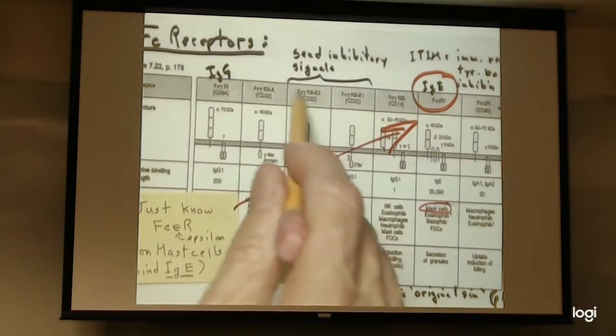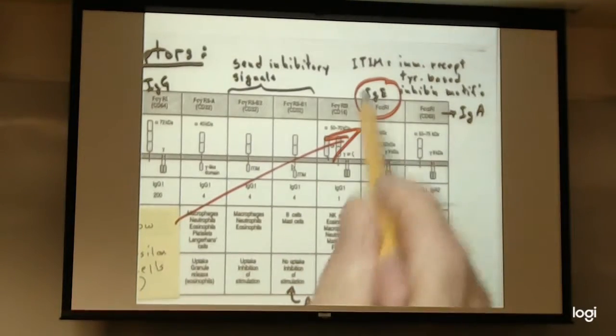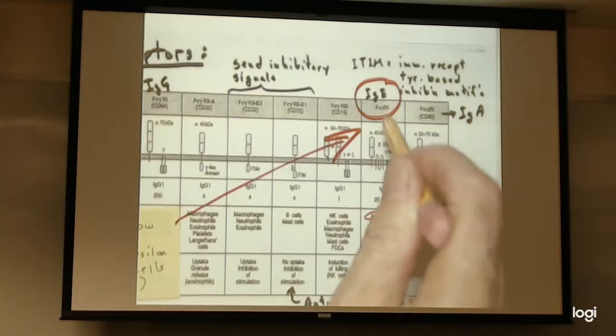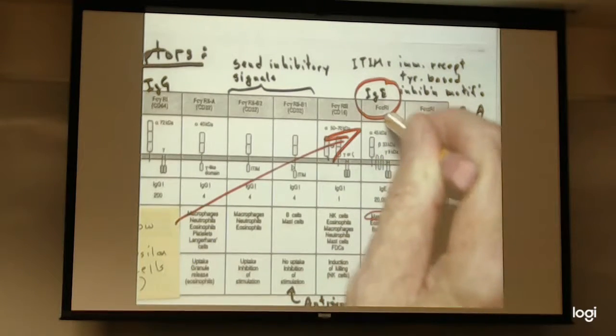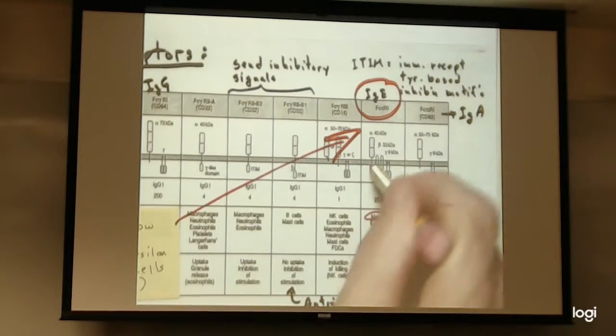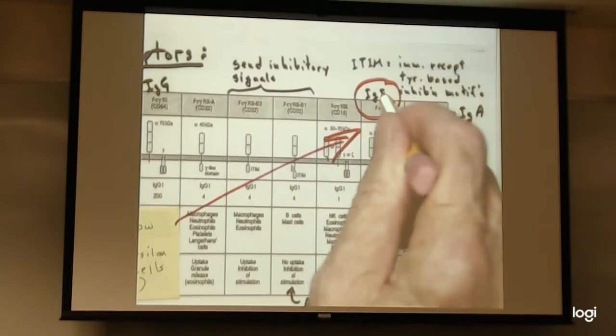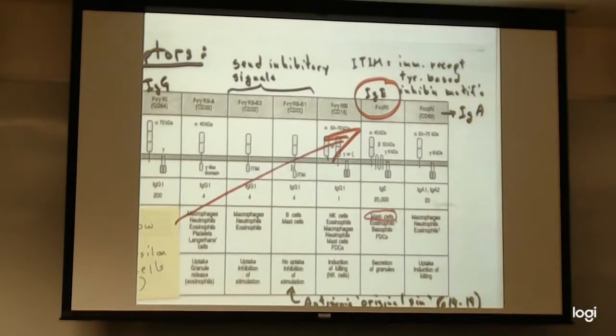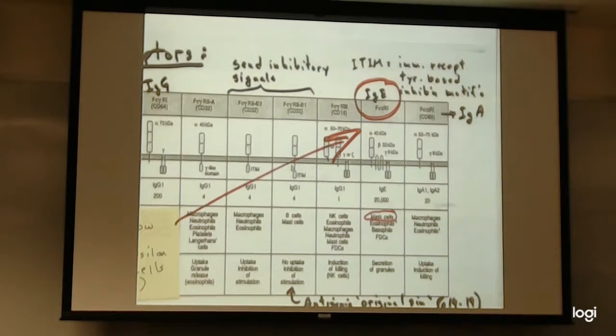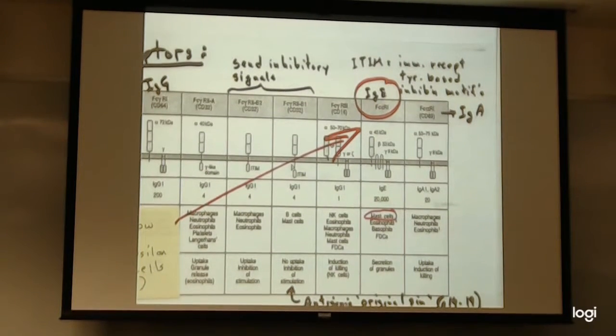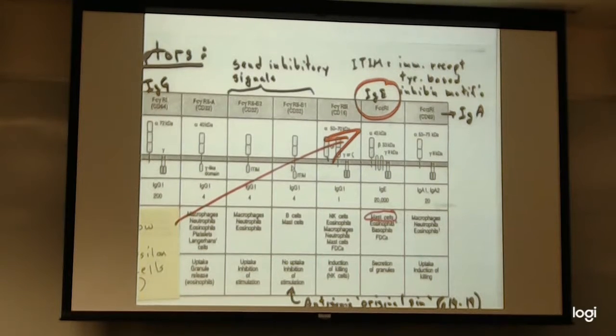They're all Fc gammas. Here's an Fc epsilon. Epsilon is the Greek letter for E. So this receptor binds immunoglobulin E. We talked about the fact that mast cells have hundreds of thousands of copies of this Fc epsilon receptor, which will bind the tail of an IgE.